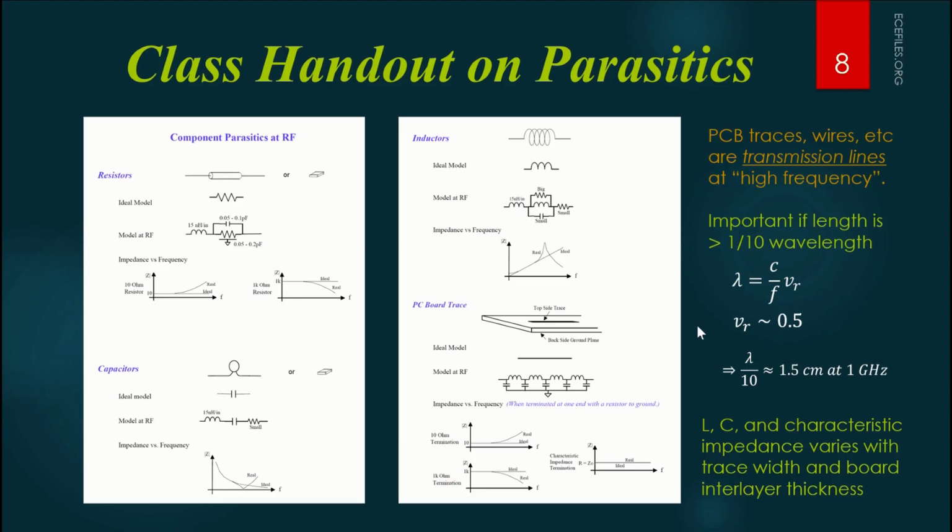So this is what the plot looks like. And over on the right of this slide, I'm trying to give a hint at when this transmission line behavior matters. It matters when the length of the line is about 1/10 of a wavelength or more. So a wavelength is c over f, speed of light divided by frequency in hertz, times the relative velocity of propagation.